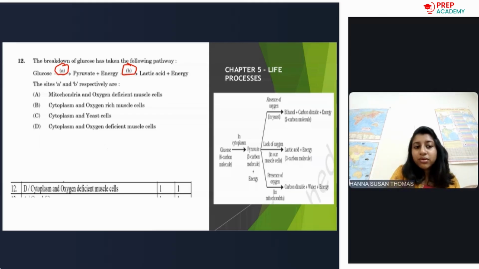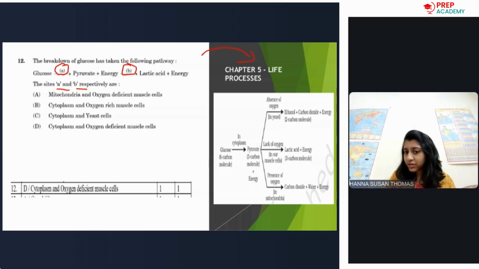You have to mark the correct sites A and B where the breakdown of glucose into pyruvate and energy, and ultimately into lactic acid and energy, is taking place. So which chapter does this question belong to?